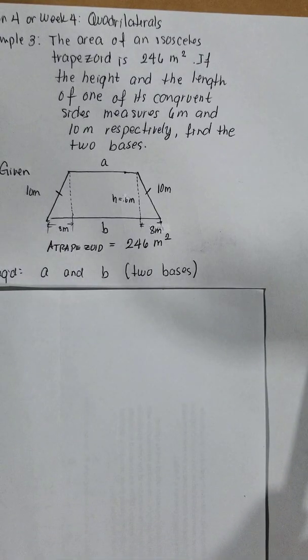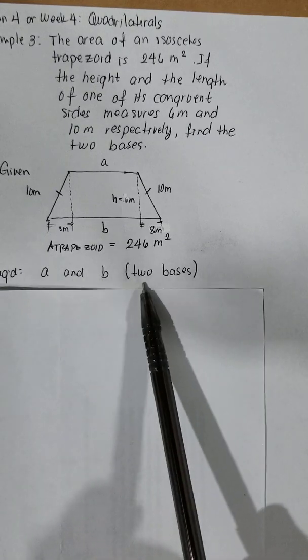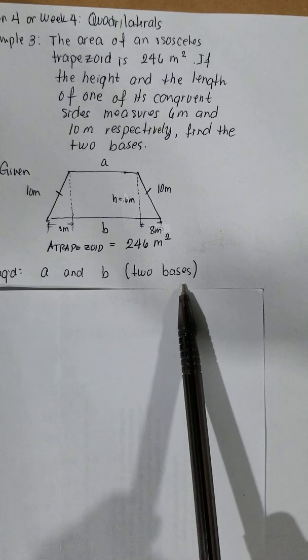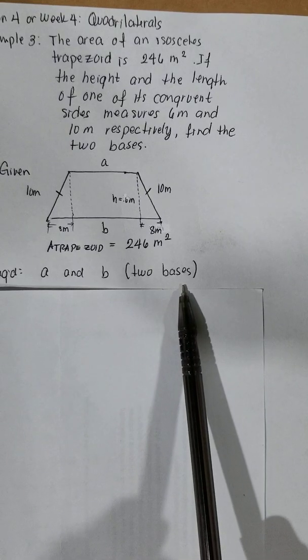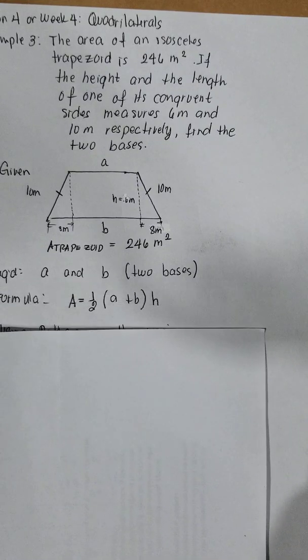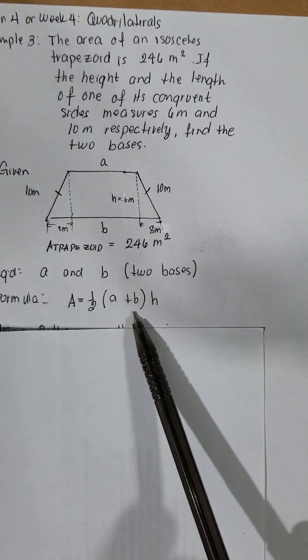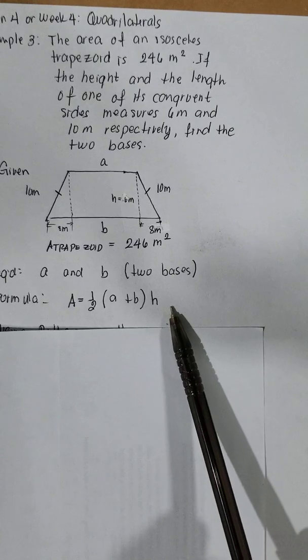We are being asked for the length of the two bases, A and B. The formula that we will use is the formula for the area of a trapezoid, which is area is equivalent to 1/2 the quantity A plus B multiplied by the height.